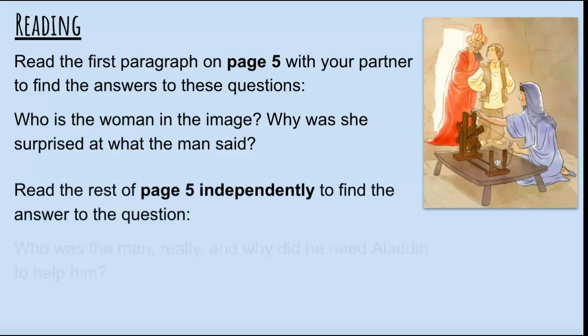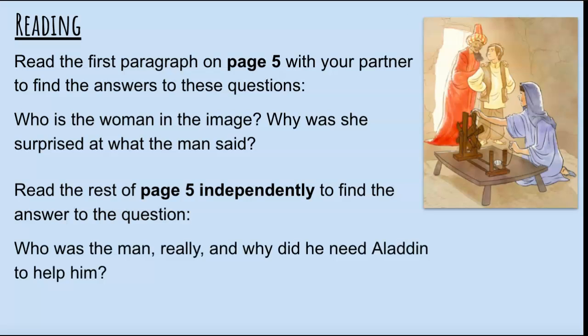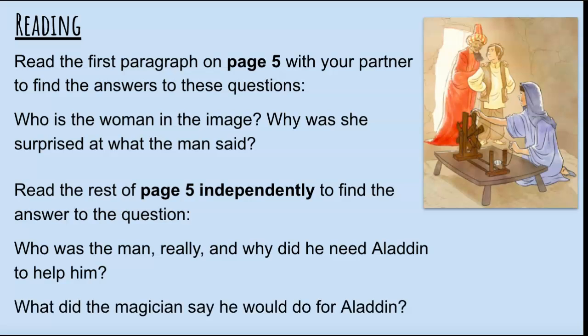Now you're going to continue reading and find the answer to who was the man really, and why did he need Aladdin to help him? And what did the magician say he would do for Aladdin? Those are your questions for pages 5 and 6. Do your reading and answer the questions on your paper. Then come back to this video to continue.